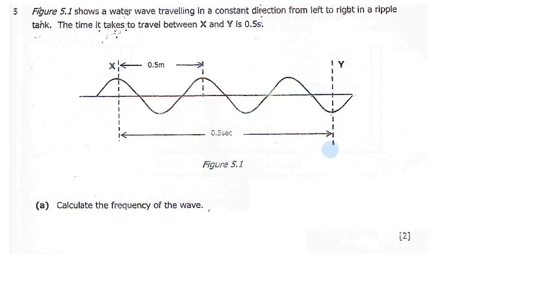So frequency of the wave, frequency f, remember I told you that it is equal to 1 over the time period. So time period is the time taken to make a complete wave, like from here to there.